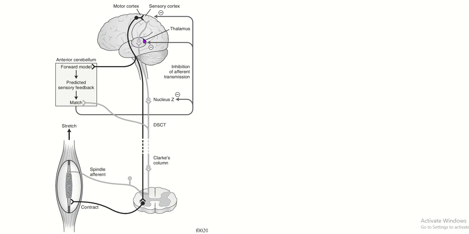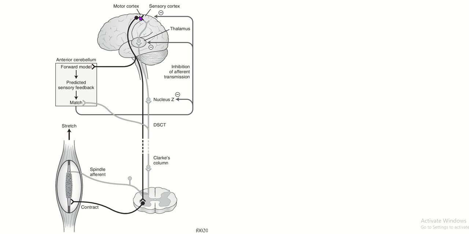The information received by the thalamus is passed to the primary sensory cortex, the primary sensory area number 3, 1, 2, and this information is shared by association fibers, and the motor cortex receives this sensory information, and a motor neuron is stimulated.